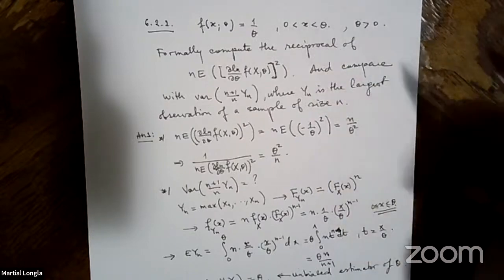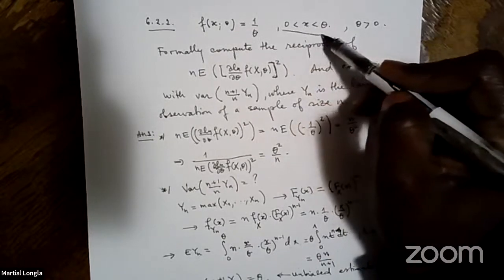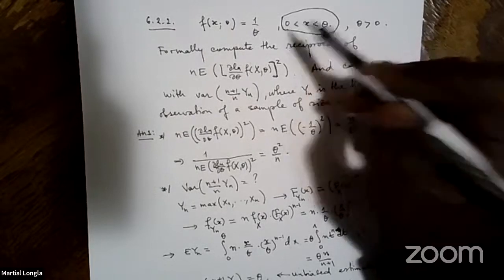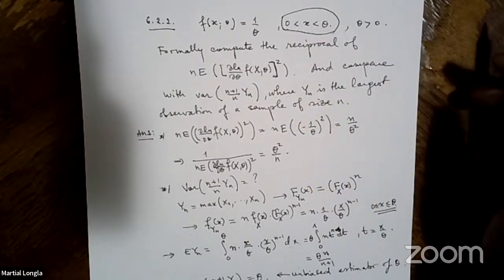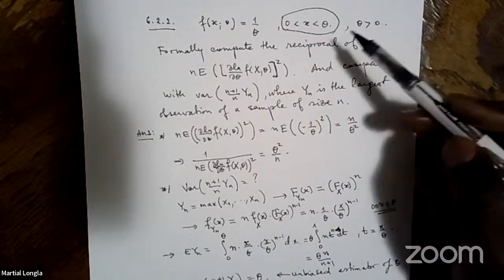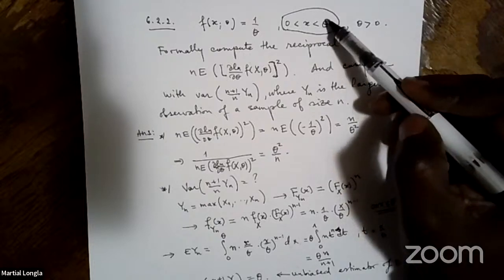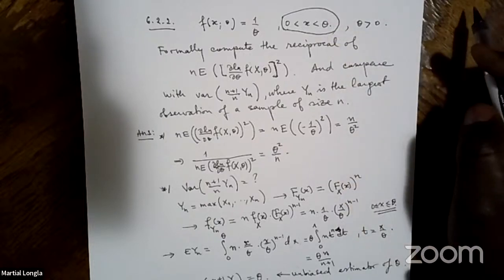The support is the set of all values of x for which the density is not equal to 0. And it is not the same for all values of theta, because when you fix theta, everything after theta, the density is 0.